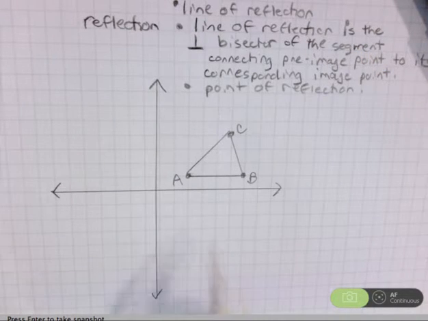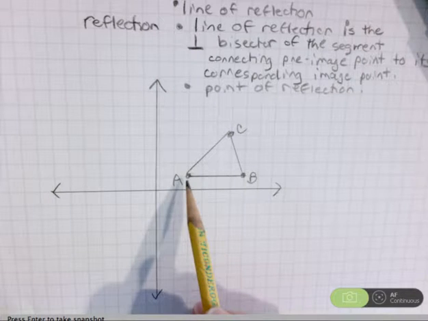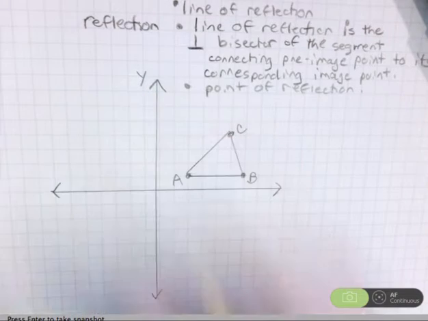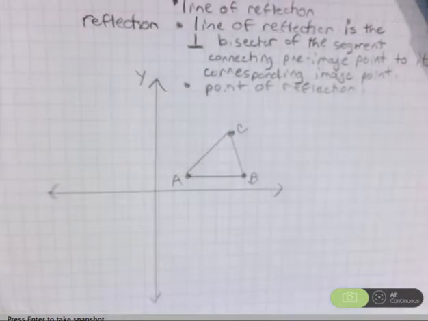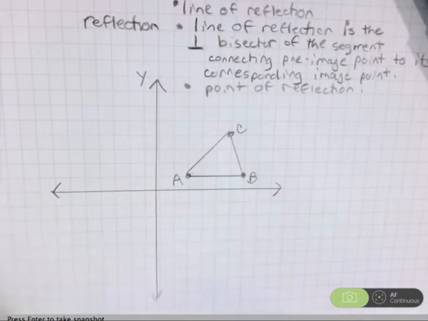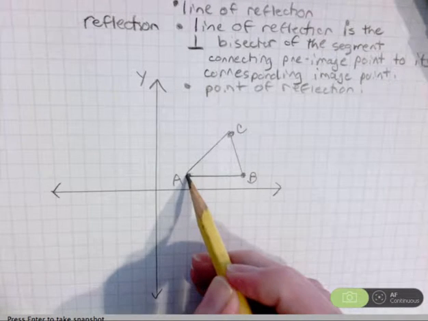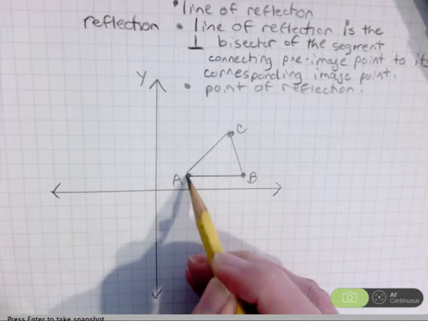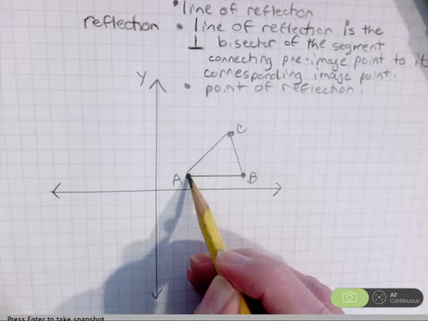Now we start with a triangle, preimage triangle ABC. If we want to reflect this triangle, let's say we want to reflect it about the y-axis, the vertical axis, it's very easy to do. All you have to do is look at each of the three vertices. Vertex A is 2 units away from the y-axis.